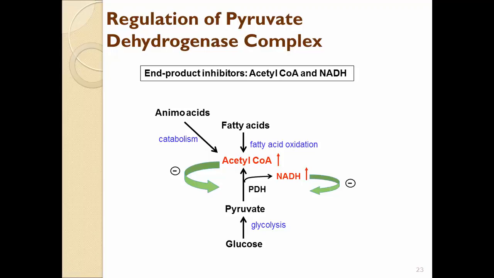The pyruvate generated from glycolysis of glucose can be decarboxylated to acetyl-CoA, and this reaction also produces NADH, and there is a kind of negative regulation, meaning that if the product acetyl-CoA or NADH levels are high, these two products can negatively feedback and inhibit the pyruvate dehydrogenase activity, right? So negative regulation.